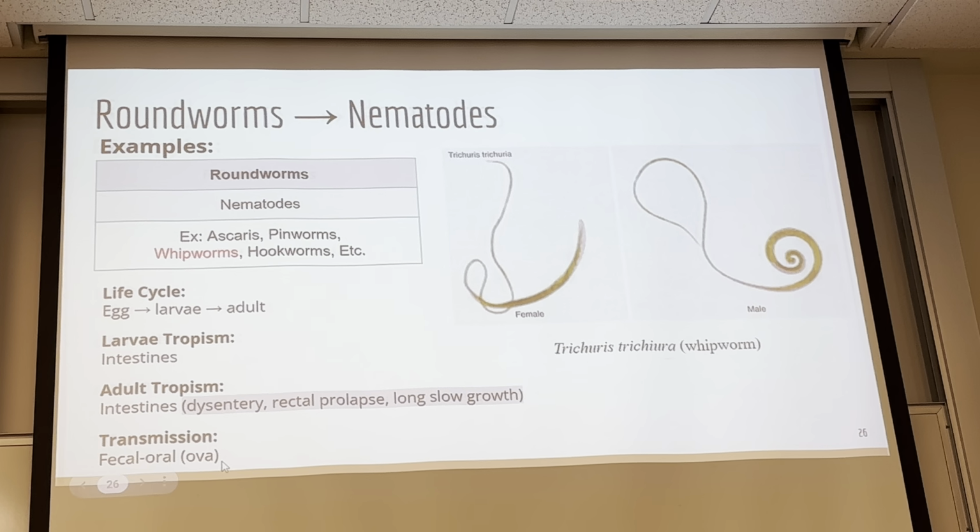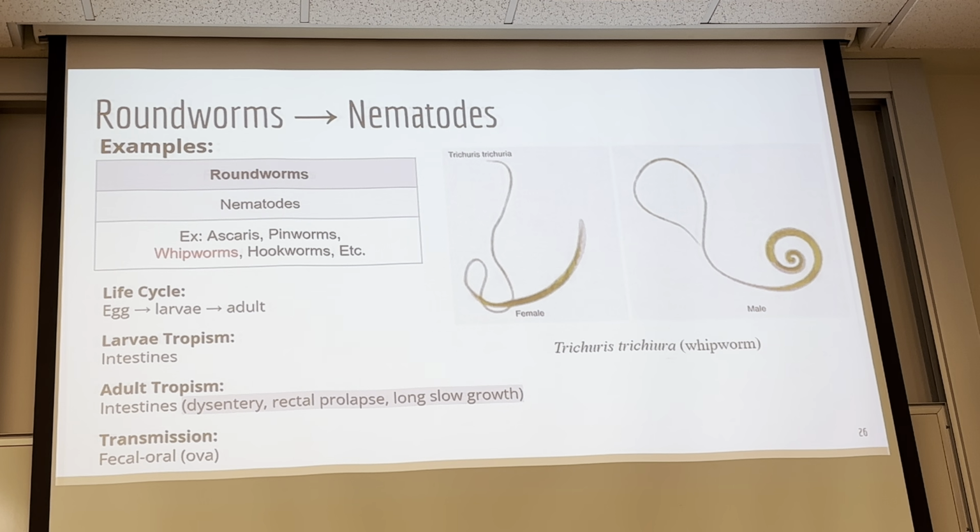I didn't want you guys to remember any of this, but I just put it on there, that dysentery will be more common with whipworms. Something called rectal prolapse. So it's almost like hemorrhoids, when the rectum comes out of the anus, and it's generally because the wall of the colon is not intact anymore.